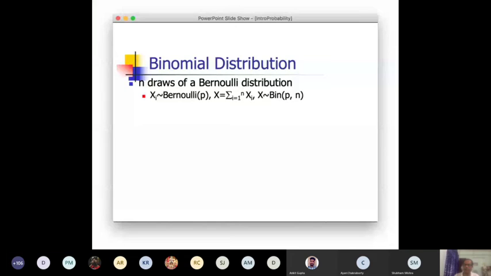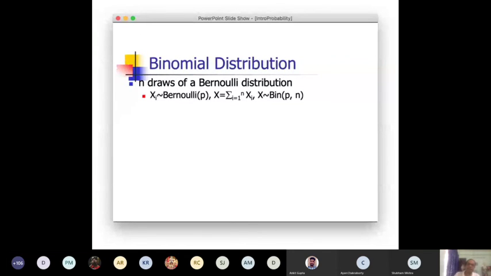If you sum them, it is counting the number of ones. That variable will follow the binomial distribution, and it has two parameters: p is one parameter, and n, the number of draws, is the other.